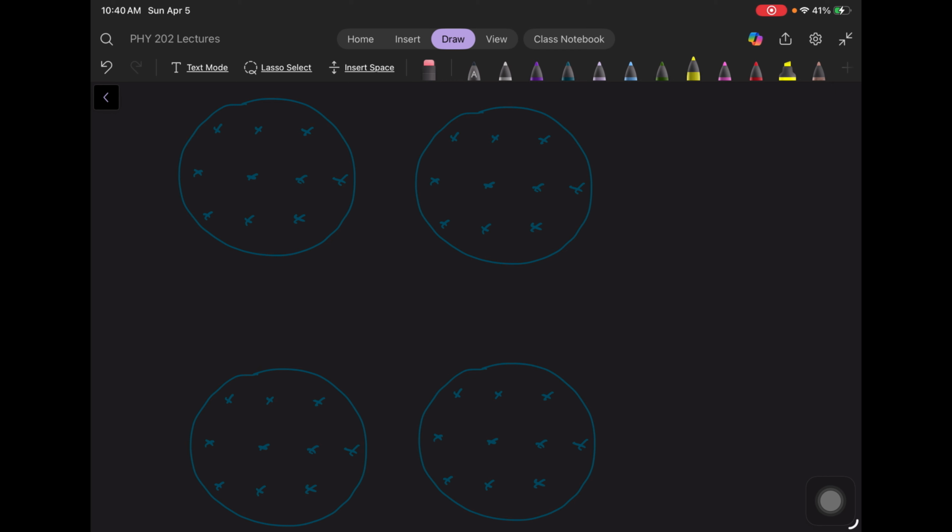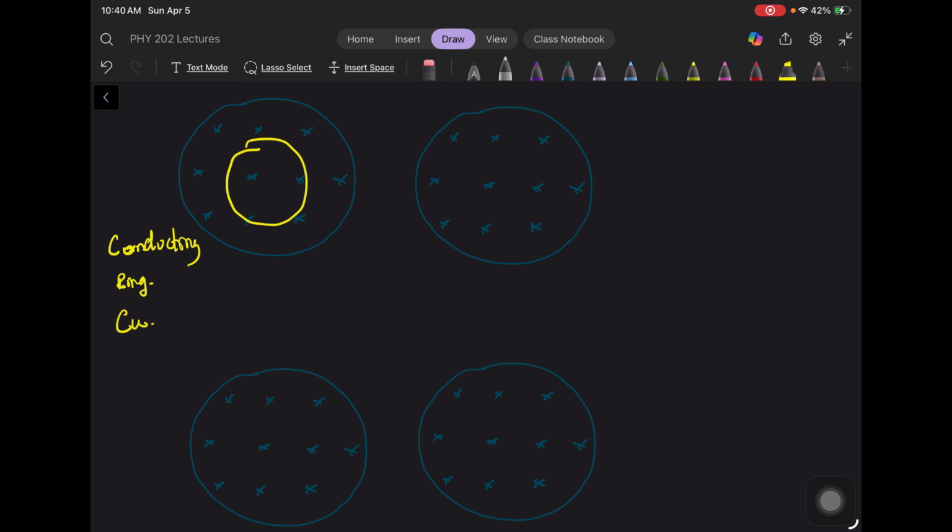And so, for the first part, we're going to say we have a conducting ring in the middle. Alright, it's copper.